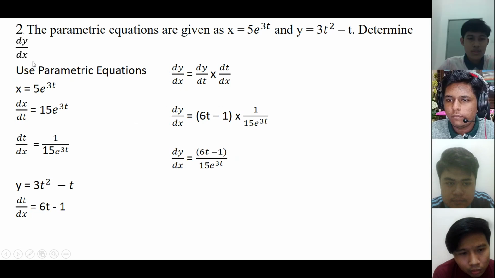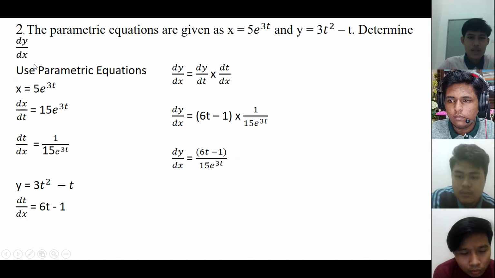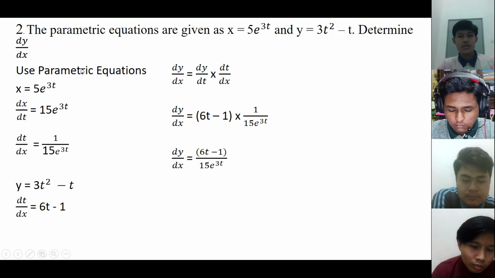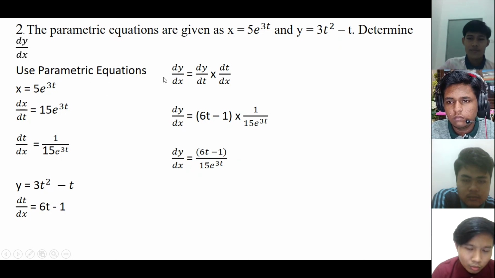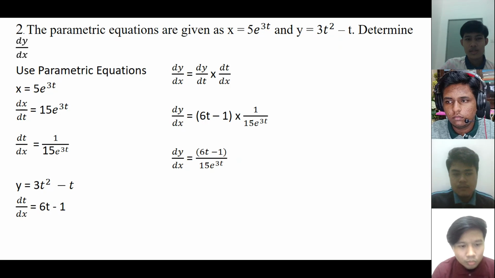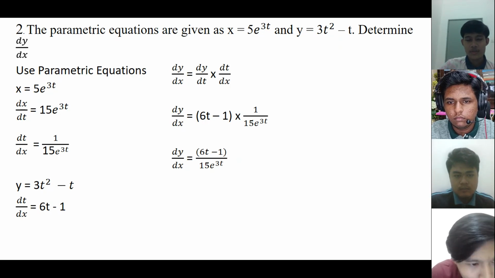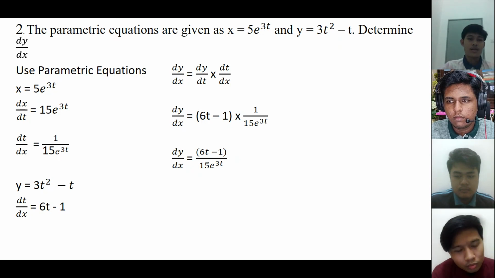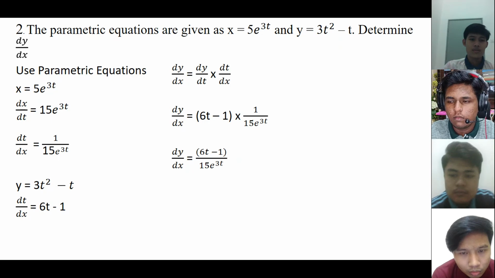Question number 2: the parametric equations are given as x equal to 5 exponential 3t and y equal to t to the power of 2 minus t. Determine dy over dx. So we use a parametric equation. Firstly, we need to solve each of x and y.